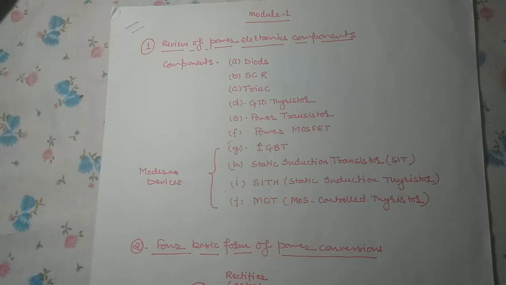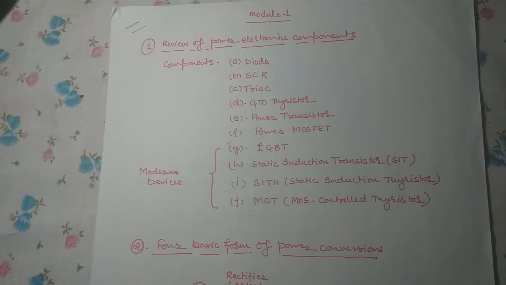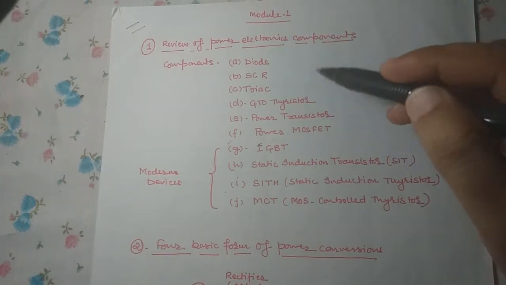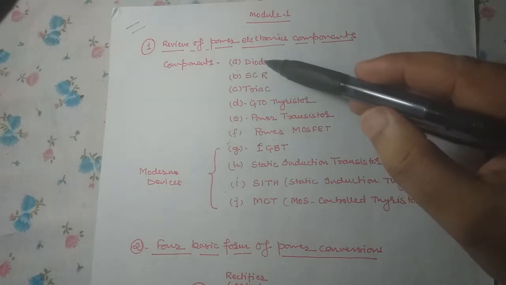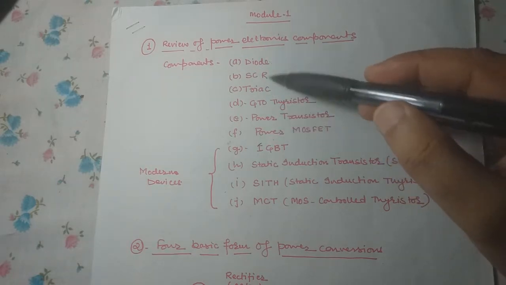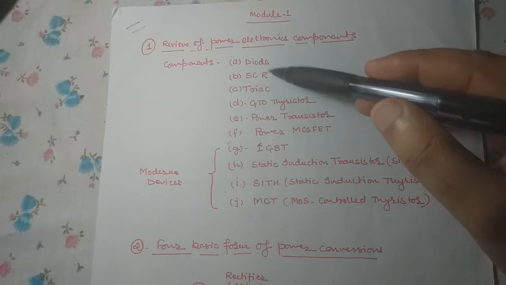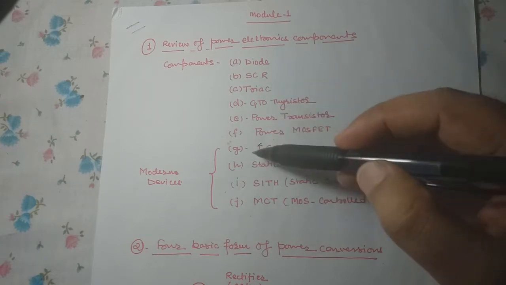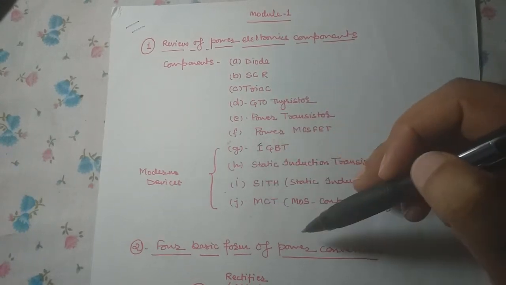The modern devices are mainly, here I have listed some: IGBTs, static induction transistors, static induction thyristors, and MOS control thyristors. So the upper list are the conventional components and the lower are the modern devices.